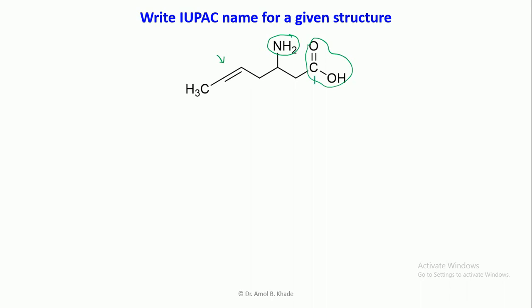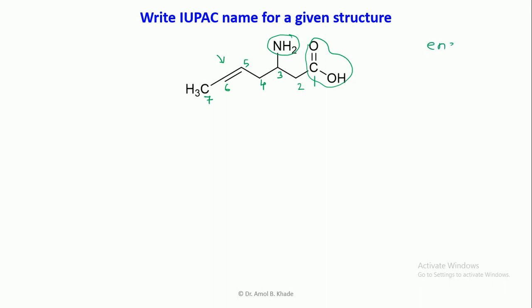So obviously the numbering will start with this carbon, this will be 2, this will be 3, 4, 5, 6, there is one more carbon here, and 7. So again it is a heptane, and there is an amino functionality at carbon 3, and at 5 and 6 there is a double bond, so it is an alkene.